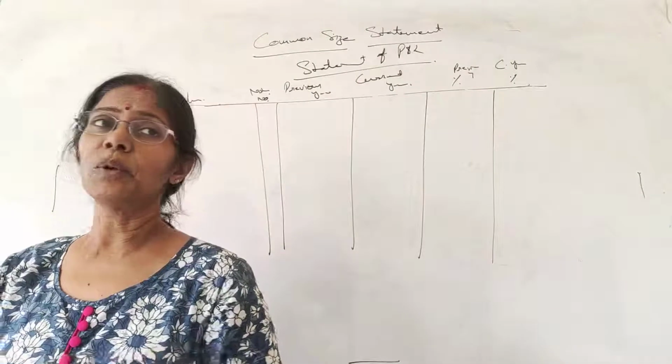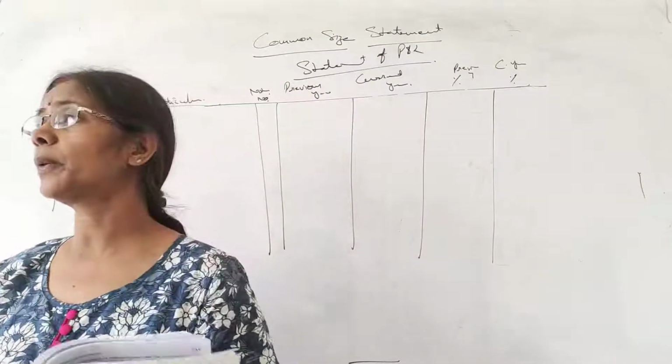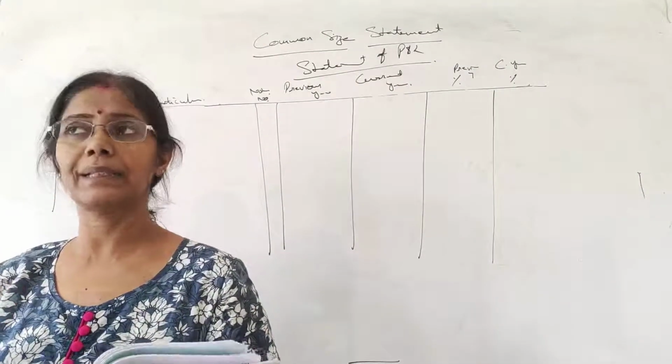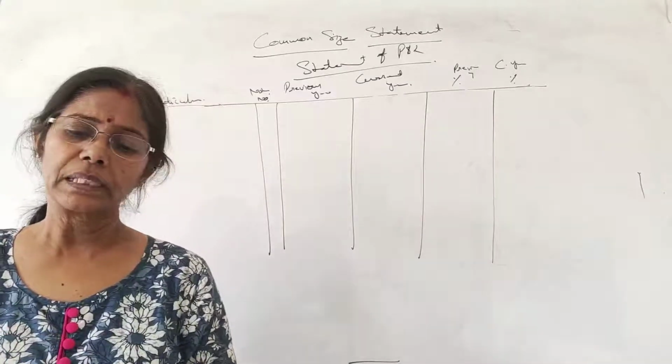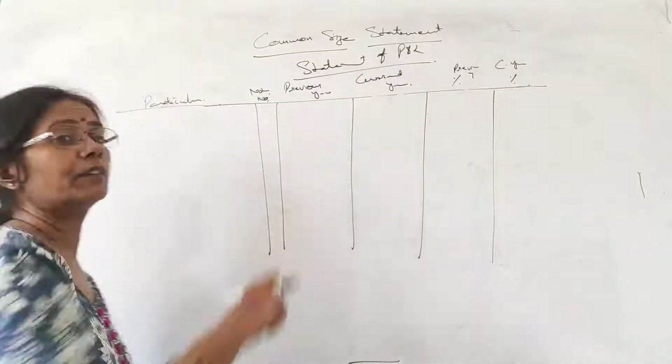Now the first item, what I have told you students, revenue from operation, we take it as a common base and that's 100. First we take the previous year.